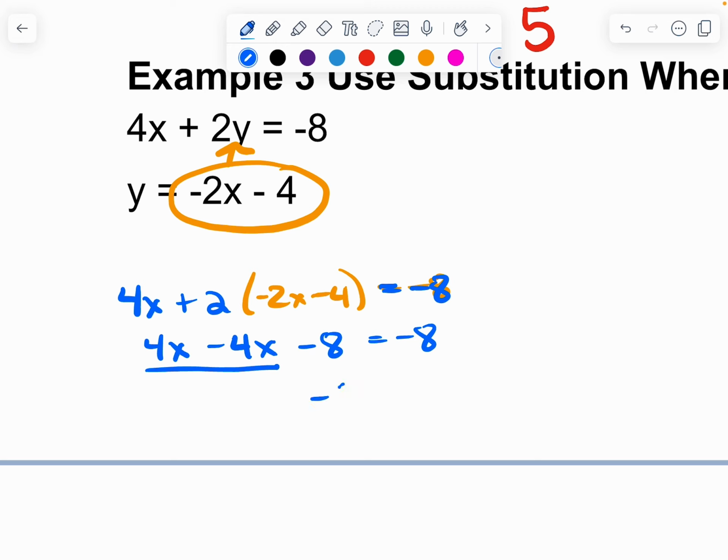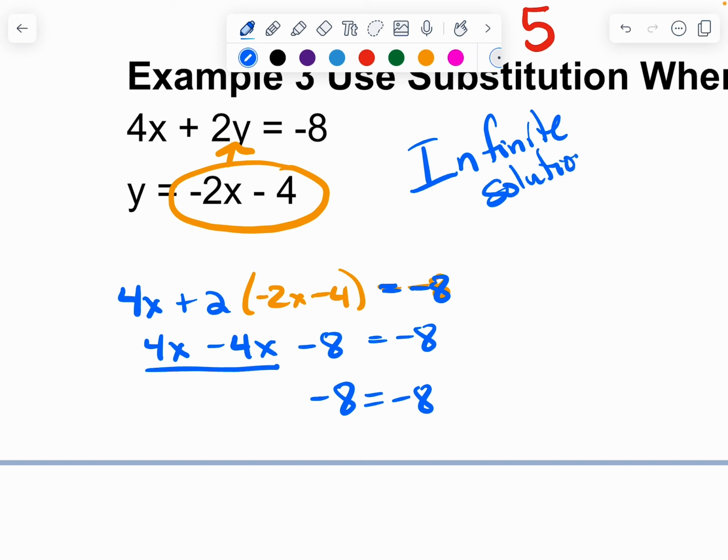These cancel out. Negative 8 equals negative 8. So that means that I can plug in any number for x and it's going to equal y because they're the same line. So the answer to this is infinite solutions. And if you remember from our last section, that means it would be consistent and it would be dependent.